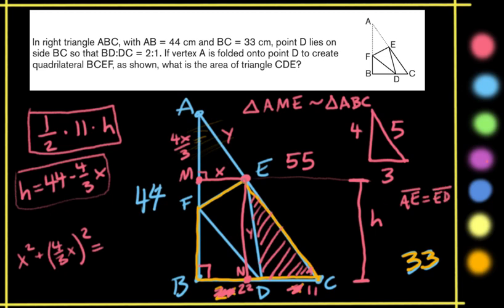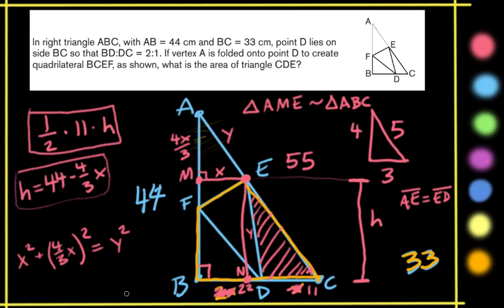We can form another Pythagorean formula down here. y squared is this leg squared plus this leg squared, but it's also this leg squared plus this leg squared, EN and ND. So let's do that.